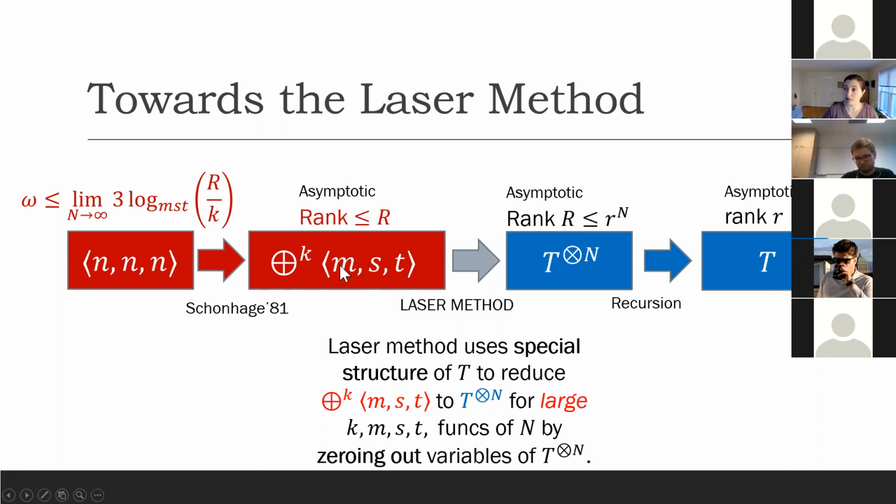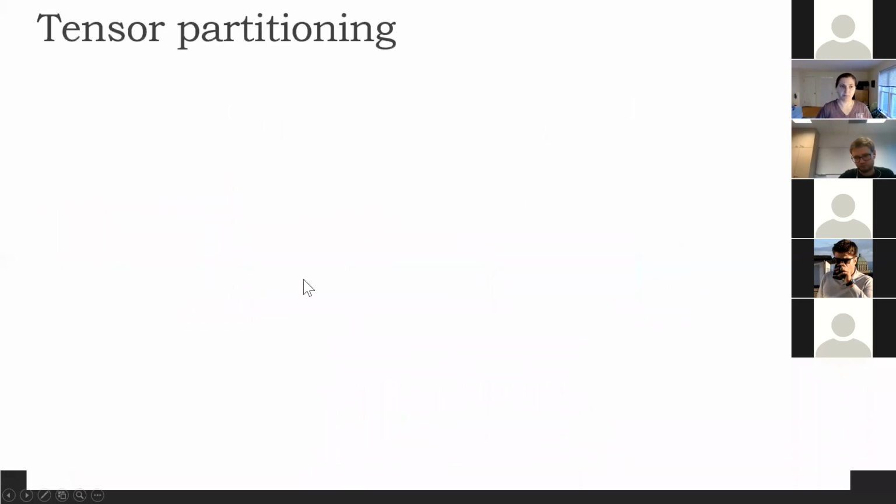And you have to bound how large m, s, and t are in terms of n, and how large k is, and then you get a bound on the rank here. But the rank here is at most little r to the n. So you have to take the 1 over nth power, because it's the asymptotic rank, and you get this. All right, so let's talk about the special structure of tensors that we want to talk about.